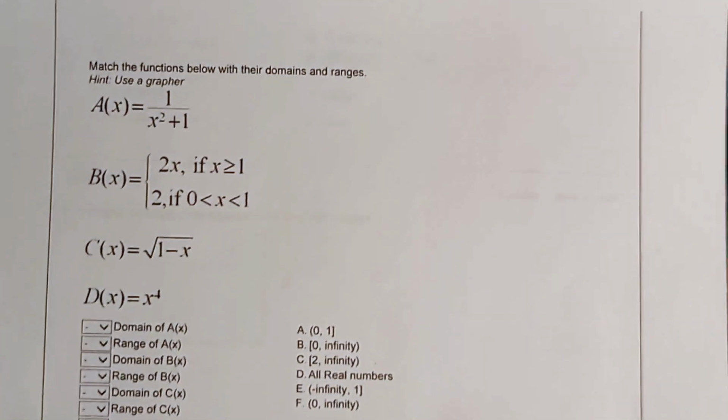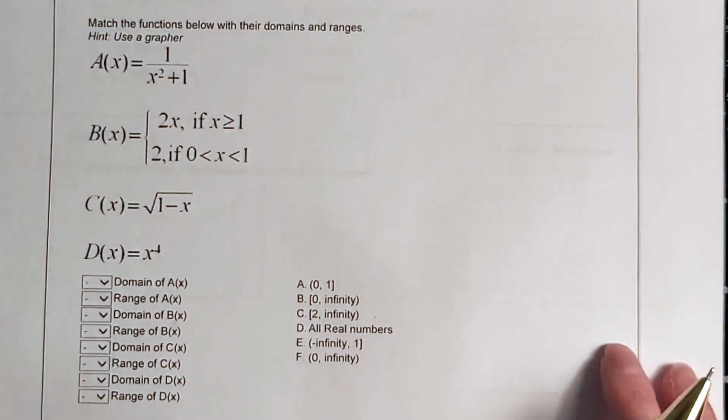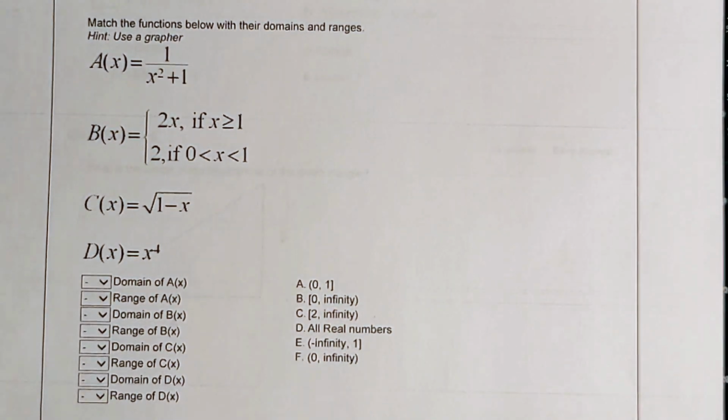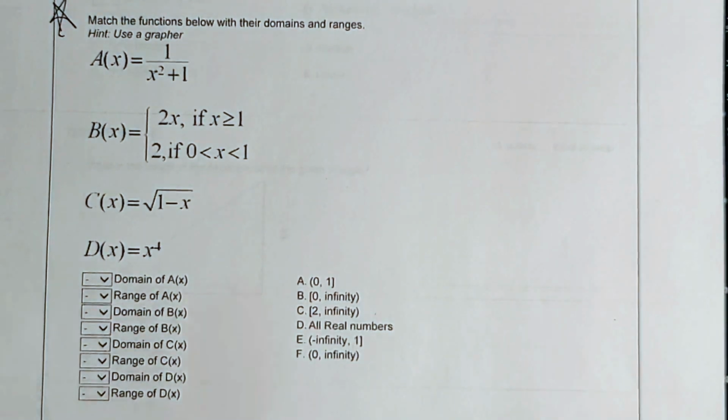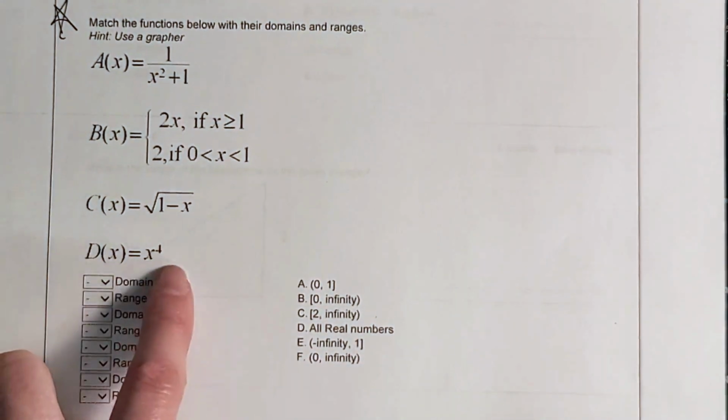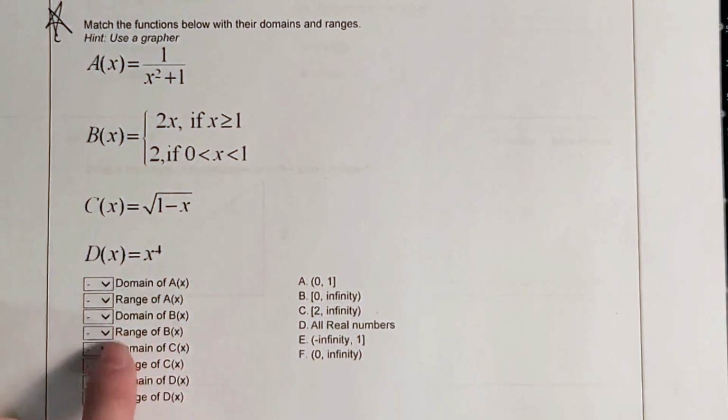Okay, question 13. All right, match the function below with their domains and their ranges. I saw one of these on there. It wasn't all 4 of these. It was just kind of like one question, like it gave you just D and it says what's the domain and the range type thing.